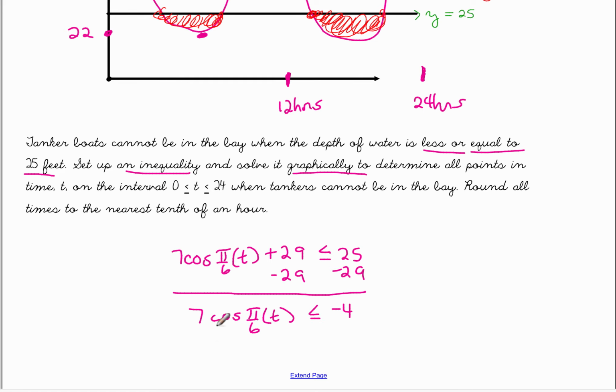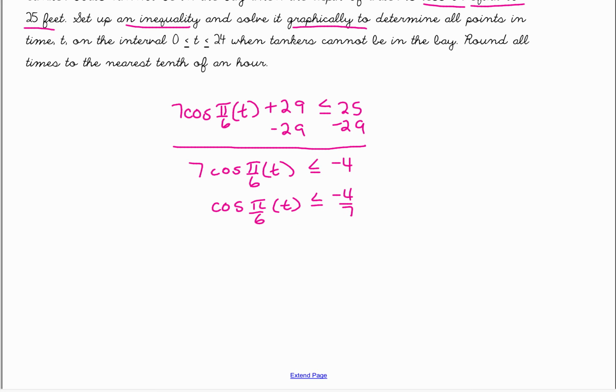I'm going to divide by 7. And now we've got to bring something back from geometry. I've got to get rid of this cosine. How do I get rid of cosine? Inverse cosine? I do its inverse operation.